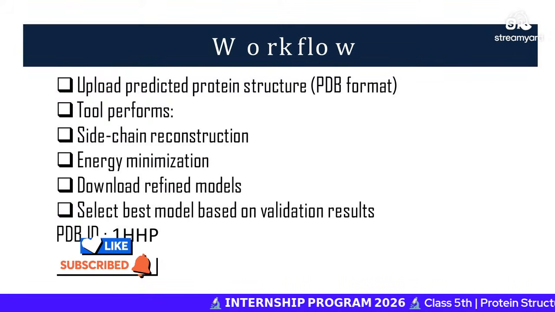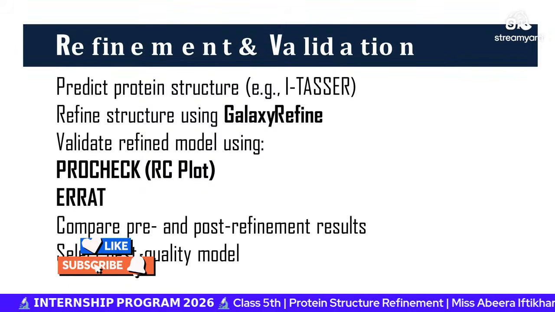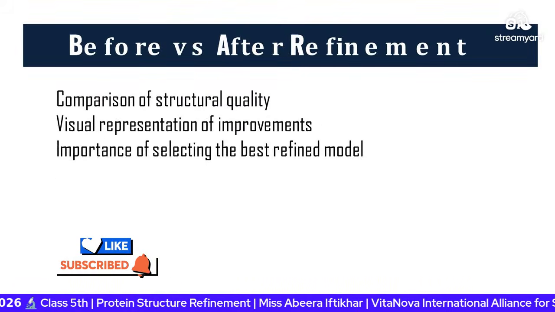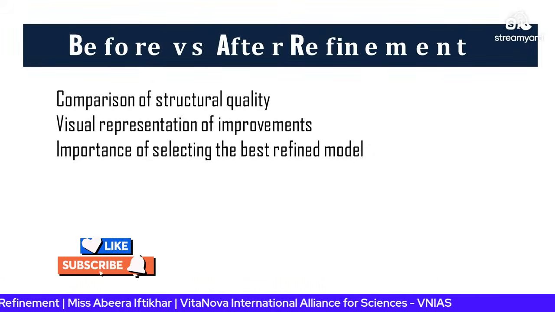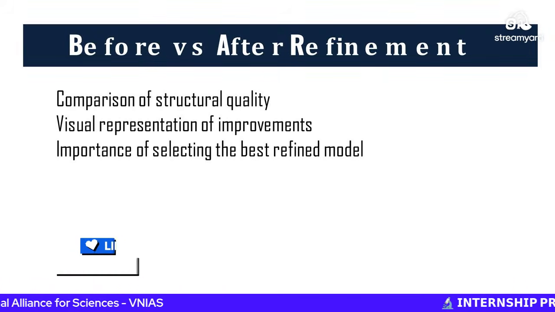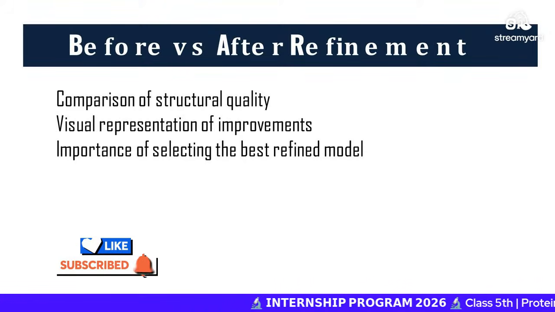We had covered this and this too. This is the thing I was describing, that you have to check before and after refinement results. You can compare using the validation results, or you can compare using the refinement results.